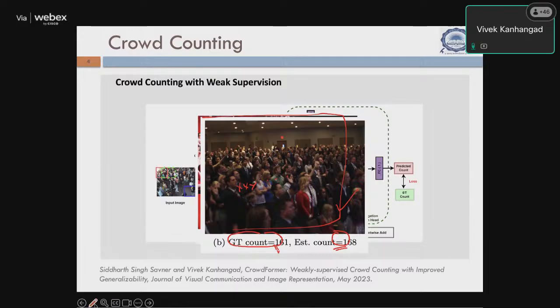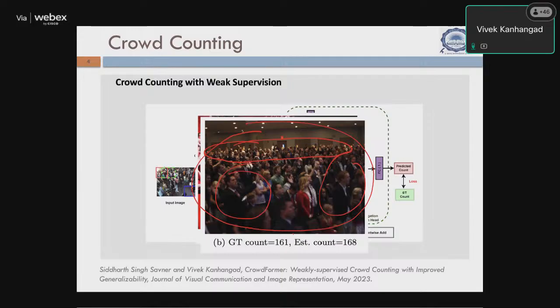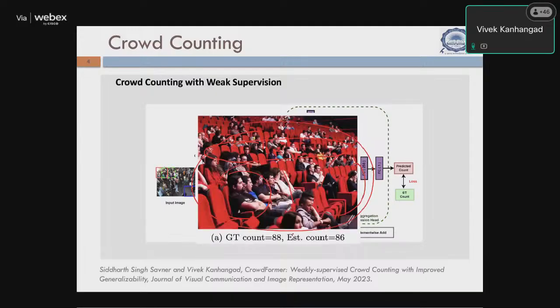Similarly, here is a more challenging scenario where there is a lot of light variation, illumination variation. Some parts of the image are well lit, whereas some regions are very dark. And there's another issue, the scale variation. Of course, that is a problem with all cameras fixed at a location.